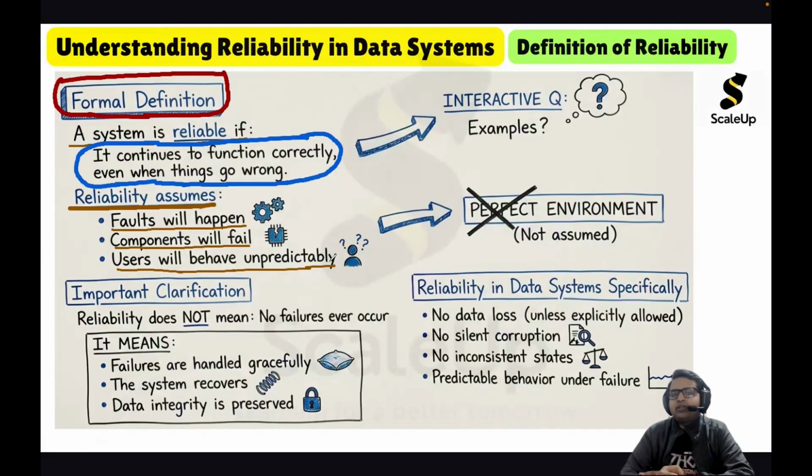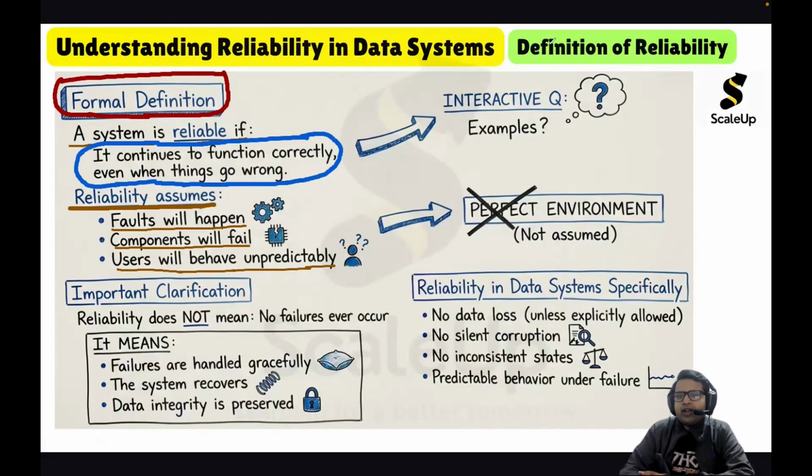That is reliability. Whenever we design a reliable system, it should function correctly despite things going wrong.